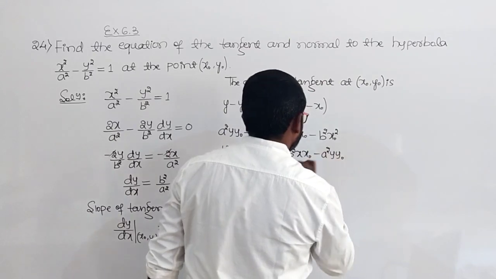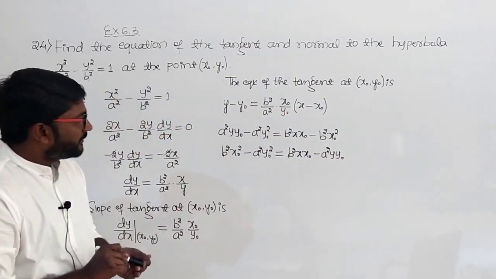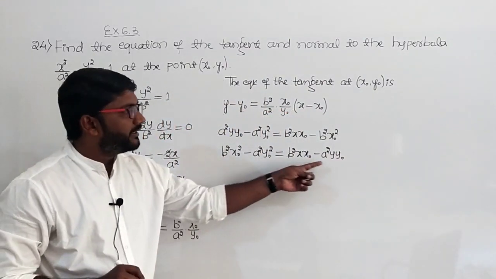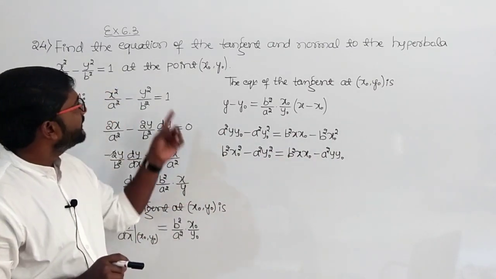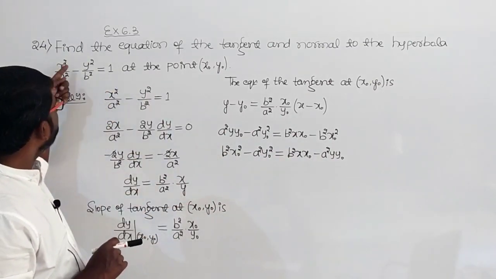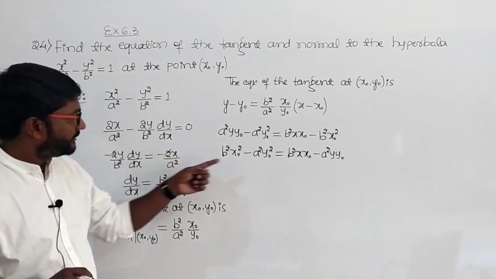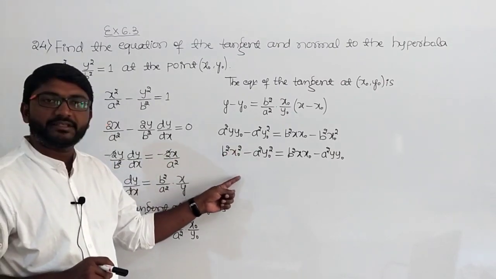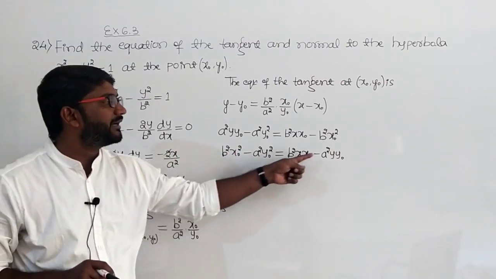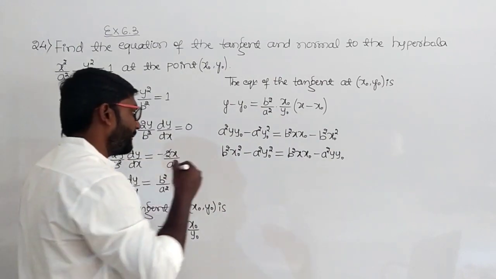So now see here, divide each term by a square b square, because in the given equation of the curve below x square we have a square. So to get x square by a square we have to divide each term by a square b square.